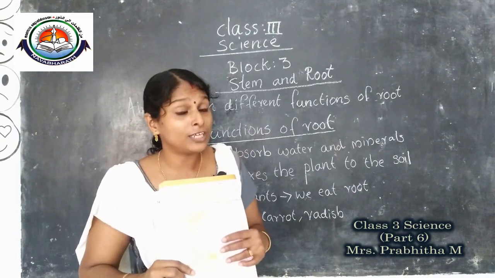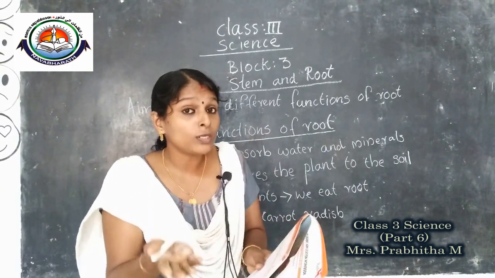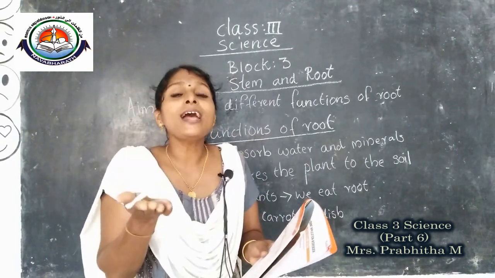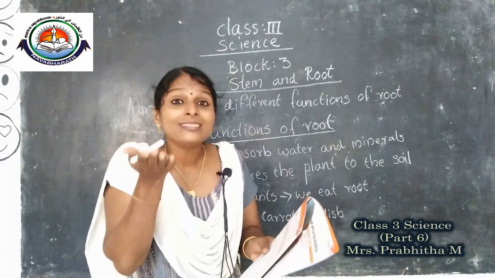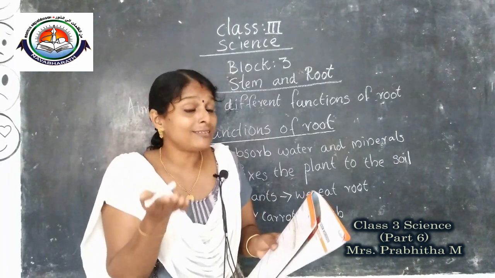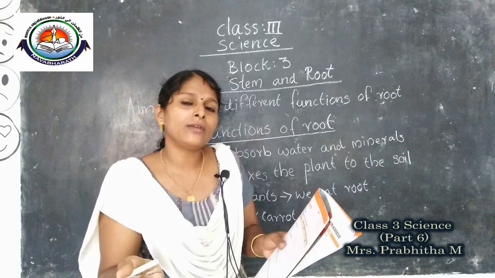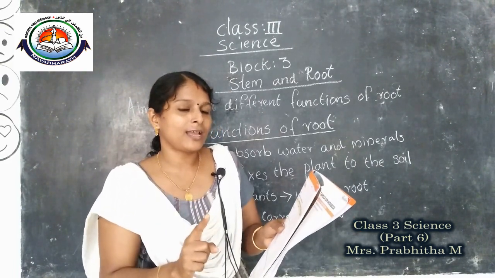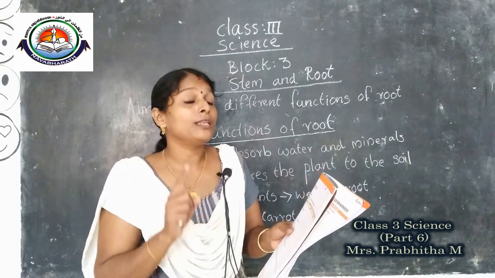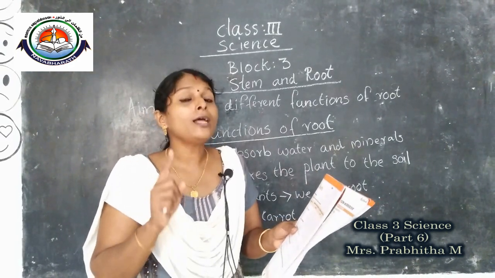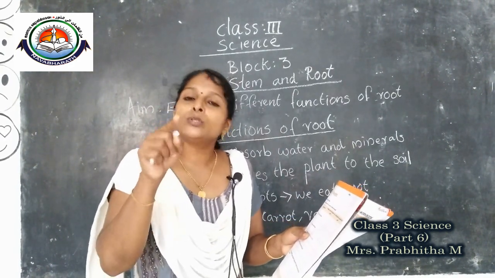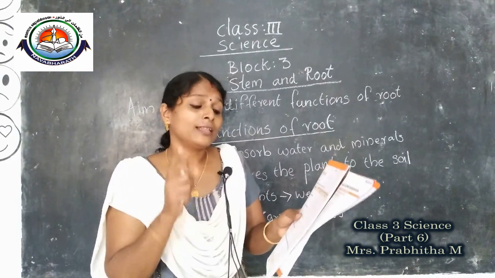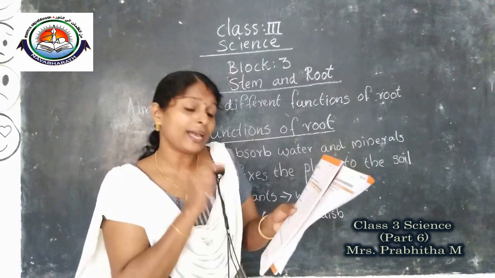Yes, this root gives support to the stem. Got it? So in a banyan tree the root gives support to the stem. That is the answer. Okay, so how will you write? In a banyan tree the root gives support to its stem. Then second one, how is the rose plant?